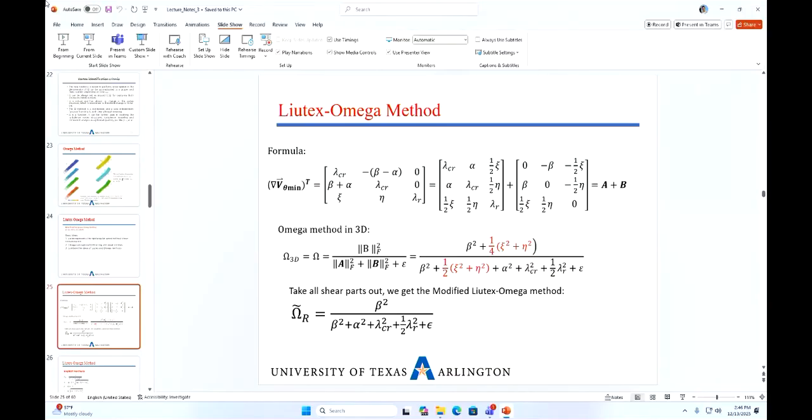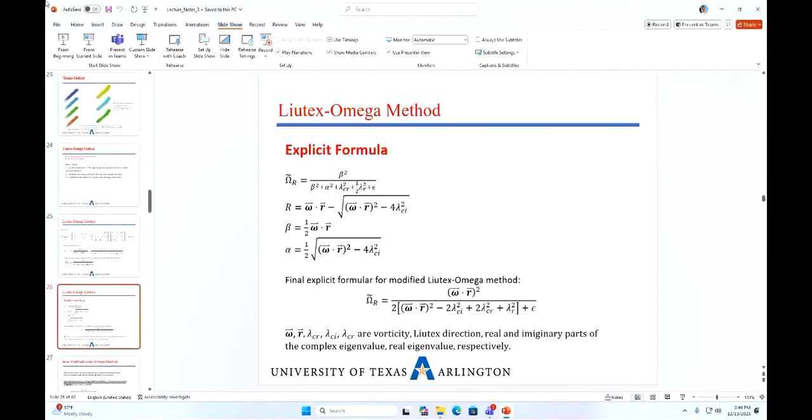So the explicit formula, we use this here. We come back to vorticity, R is a mutex, lambda Ci is the eigenvalue imaginary part, lambda Cr real part, lambda R real part. So pretty much like this.